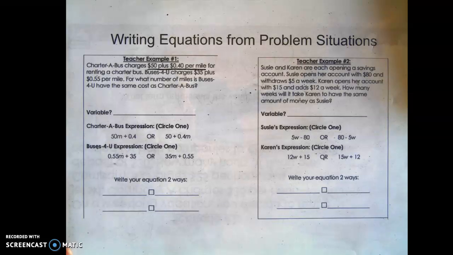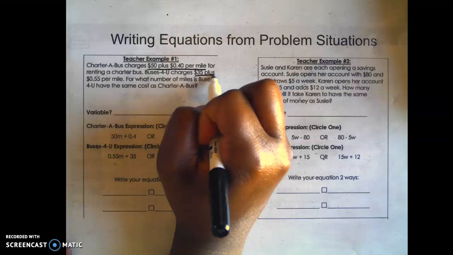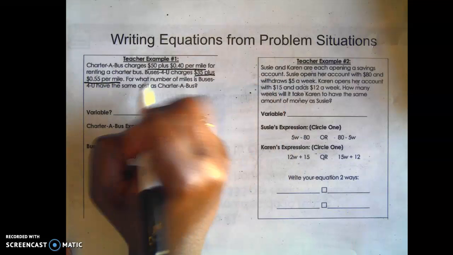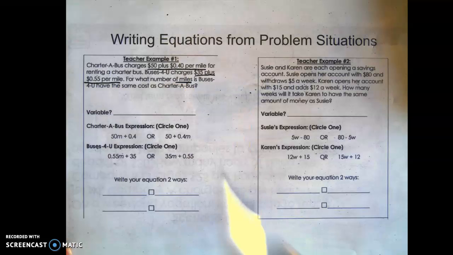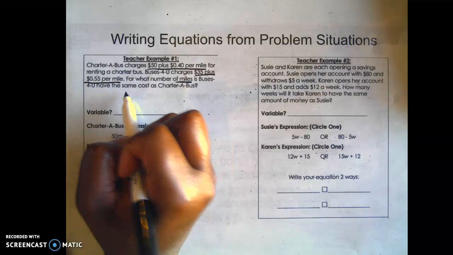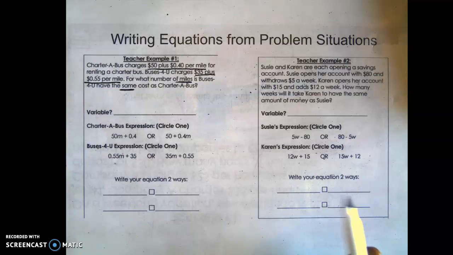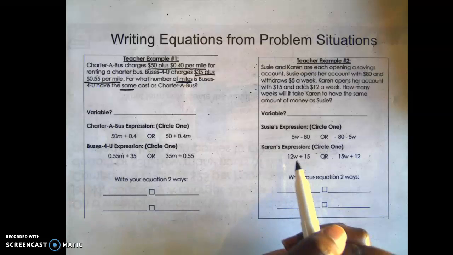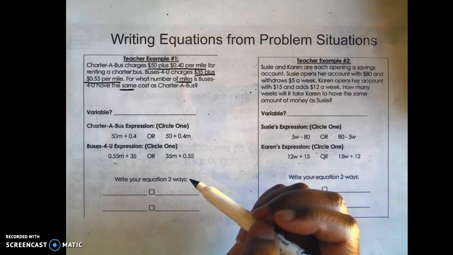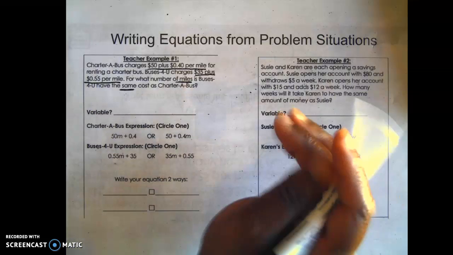Buses for You charges $35 plus 55 cents per mile. For what number of miles does Buses for You have the same, so that means they're equal to, cost as charter A buses? So both of these expressions represent the cost that it takes to rent a charter bus.